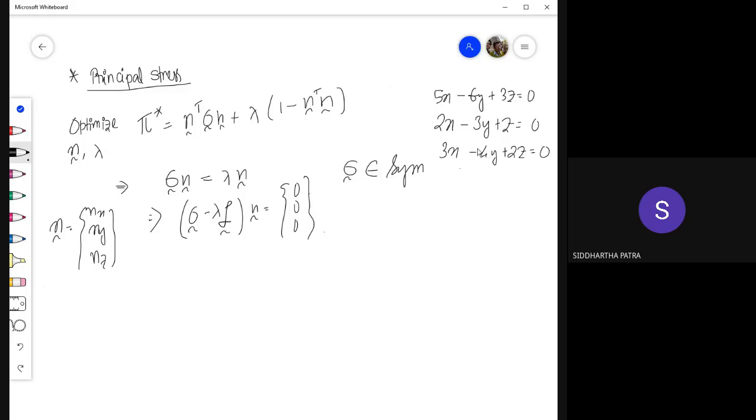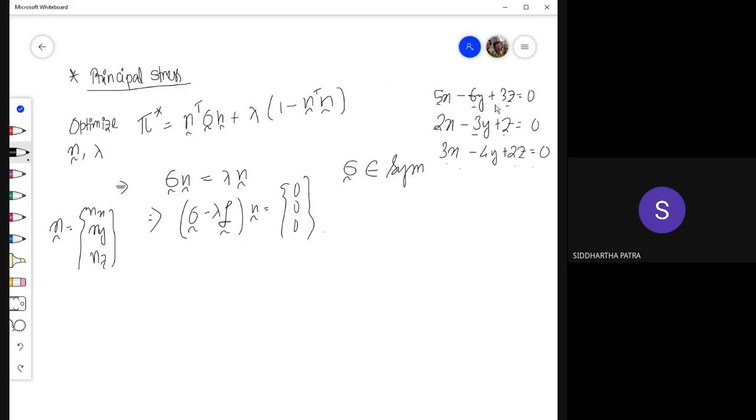But instead I chose 4y, and that cannot be true. Because 3x minus 4y plus 2z makes this equation linearly independent of the other two. It means the coefficients 3, 4, and 2 cannot be composed by simply subtracting the first sets of coefficients, that is 5, minus 6, 3, and 2, minus 3, and 1.